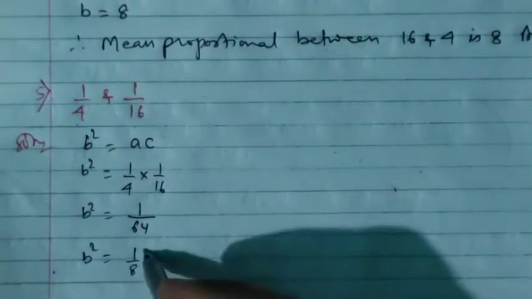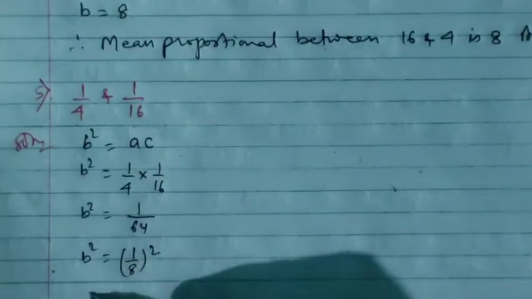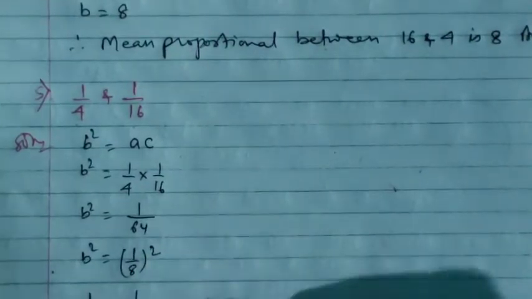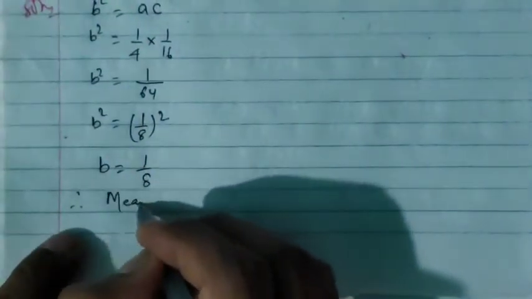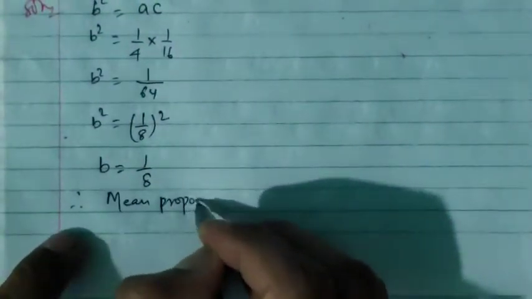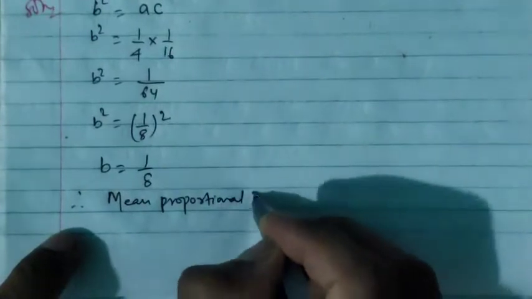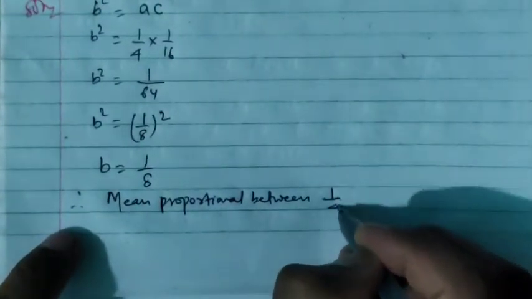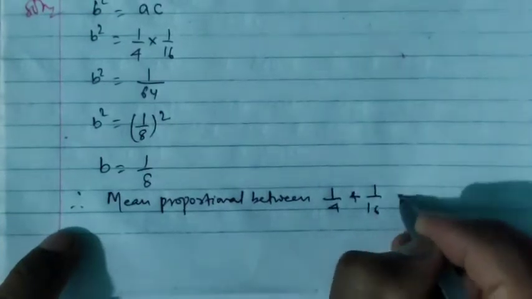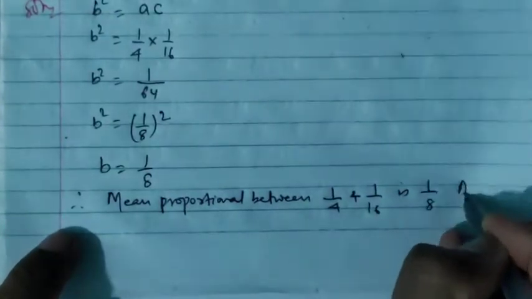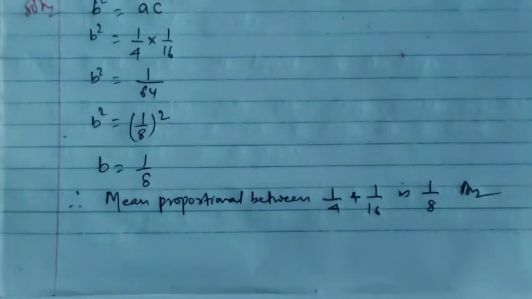We can write 1 by 8 whole square. Now the square will be removed. The value of B is equal to 1 by 8. Therefore, the mean proportional between 1 by 4 and 1 by 16 is 1 by 8. This will be your answer. The remaining three questions you have to solve on your own.